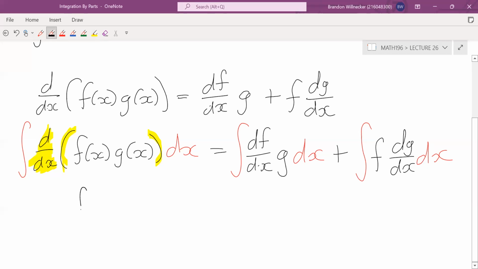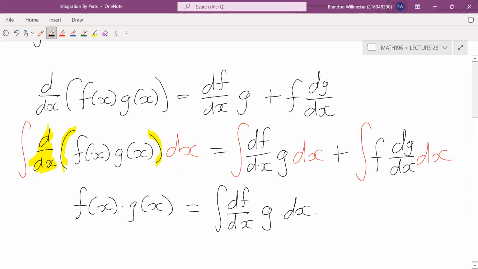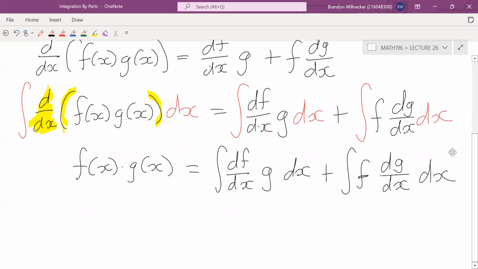So we're left with f of x times g of x is equal to the integral of df by dx times g plus the integral of f dg by dx dx.